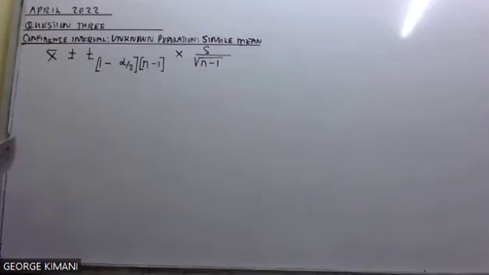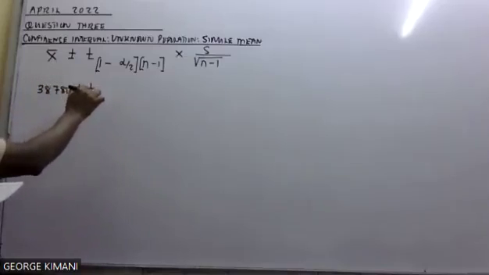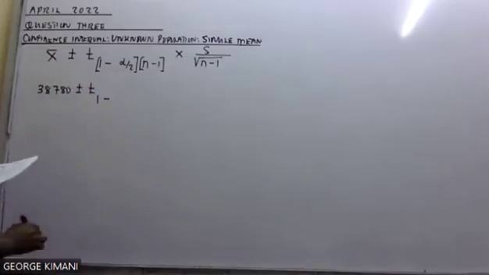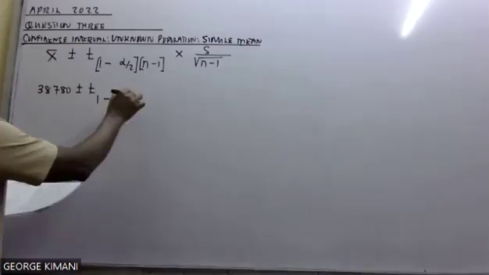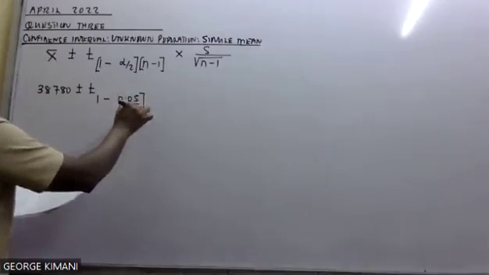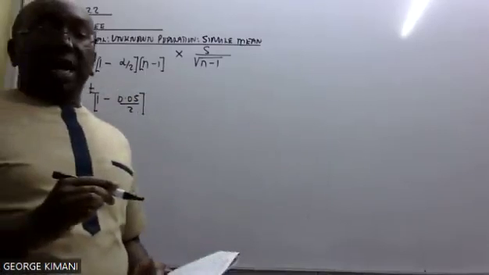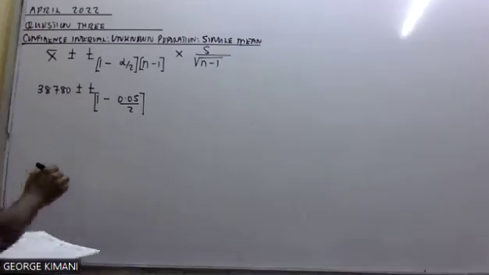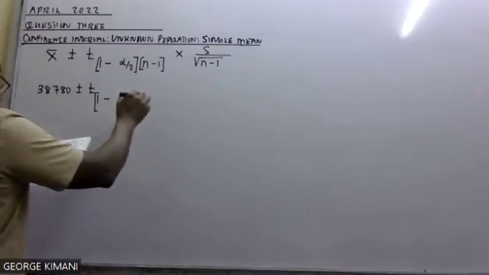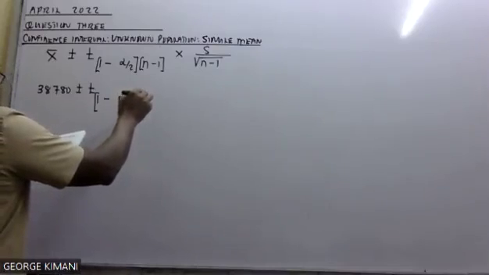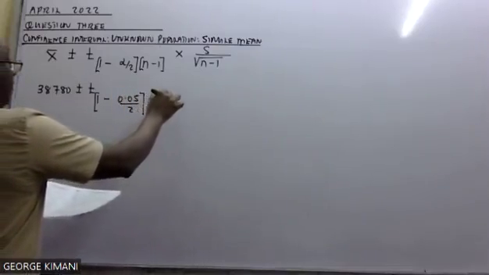So with that now, the mean is given as 38,780. So 38,780 plus or minus T 1 minus 0.05 out of 2. I told you alpha is what remains for the confidence level to be 100%. Then you say n minus 1, the sample size is 350. So 350 minus 1.